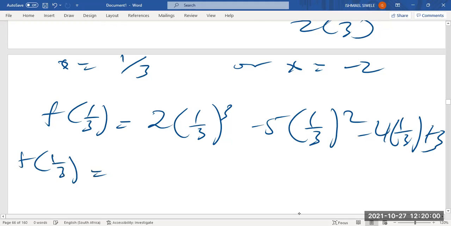Okay, so this is f of 1 over 3 equal to 2 times 1 over 3 cubed, minus 5 times 1 over 3 squared, minus 4 times 1 over 3, plus 3. I'm making a mistake now.